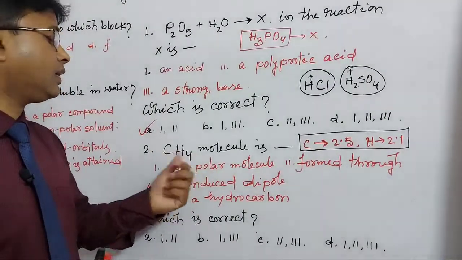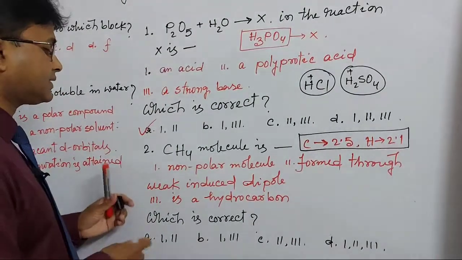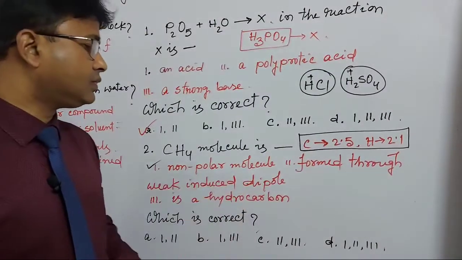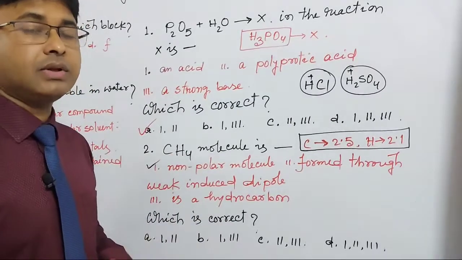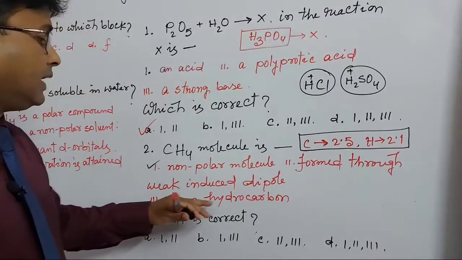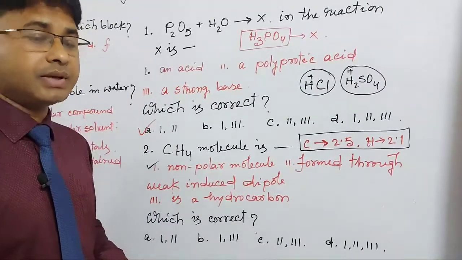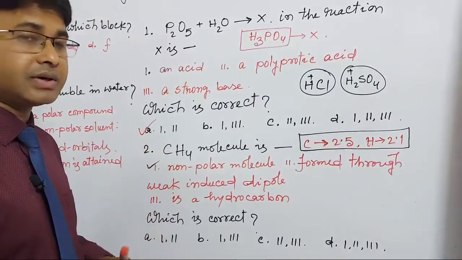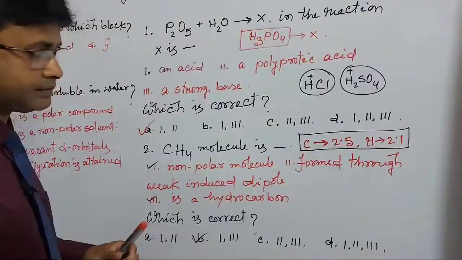Methane is a non-polar molecule. So option 1 is correct, and formed through the weak induced dipole. As it is a non-polar molecule, dipole is not formed here. Is it a hydrocarbon? Yes, methane is made up of only carbon and hydrogen, that's why this is a hydrocarbon. So the choice B is correct.